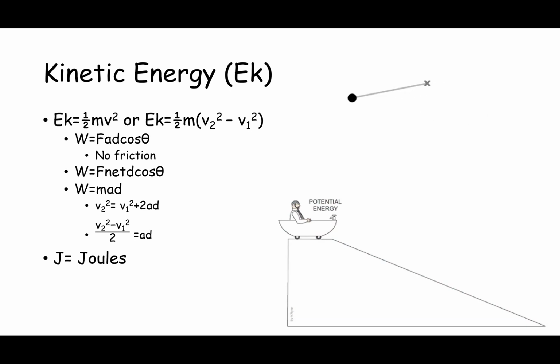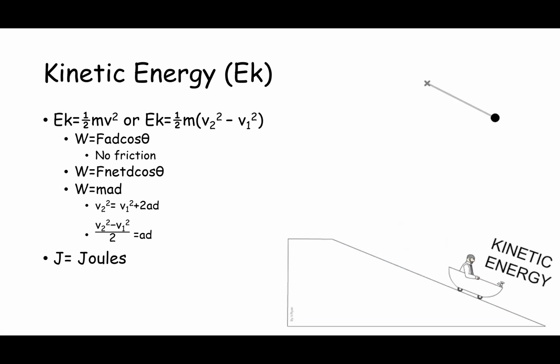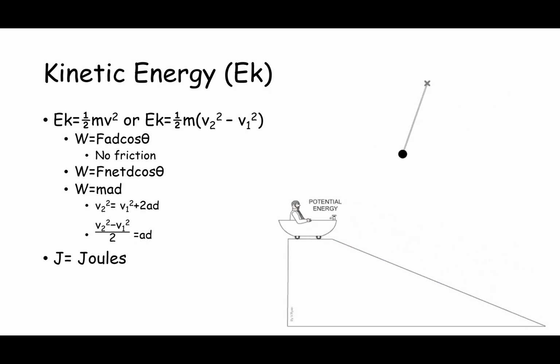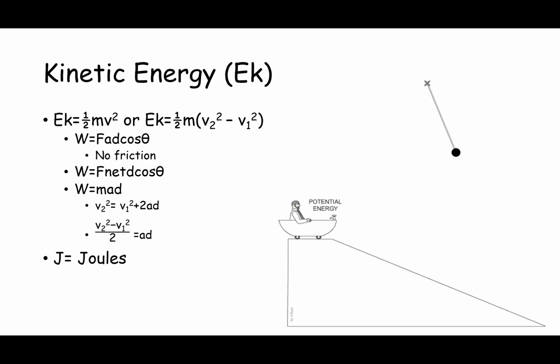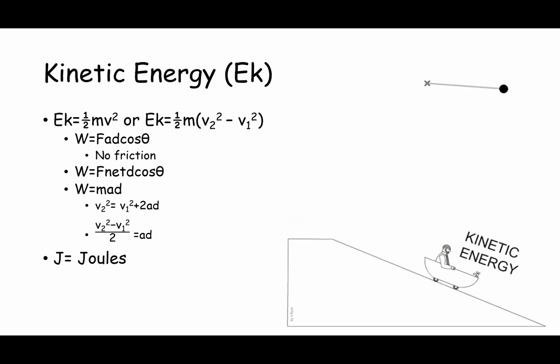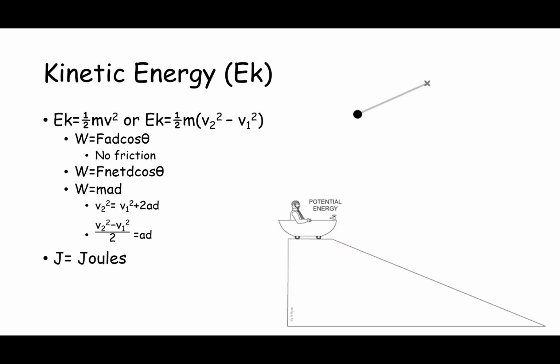Because there is no friction, we have W equals F net d cos theta. Now, instead of F net, we can change it to W equals mad. Using our kinematics formula, we can replace ad with v2 squared equals v1 squared plus 2ad, and then we have (v2 squared minus v1 squared) over 2 equals ad, thus giving our original formula. And again, kinetic energy, like potential energy, is measured in joules.